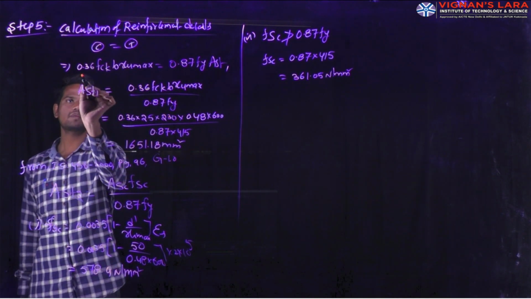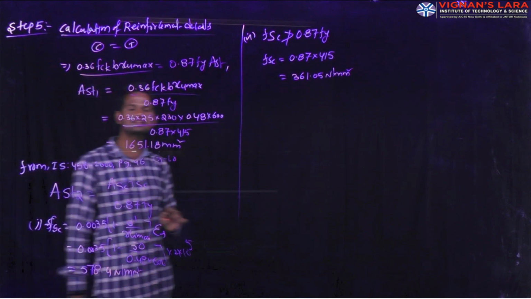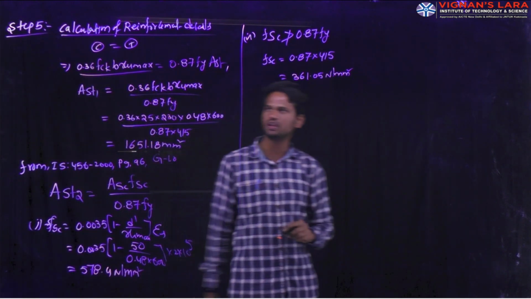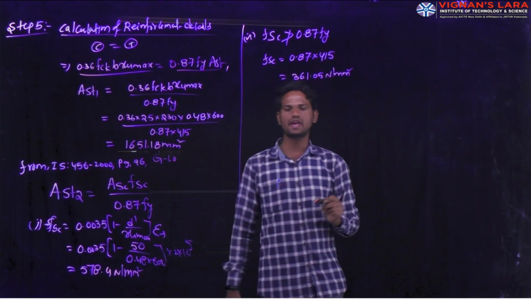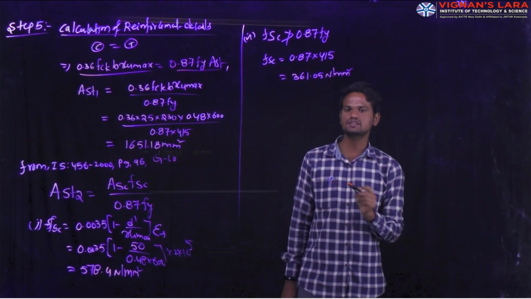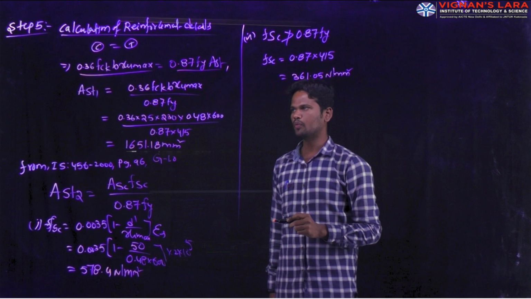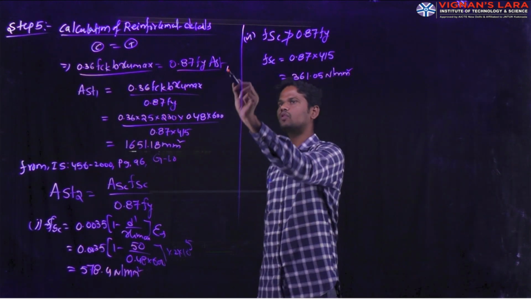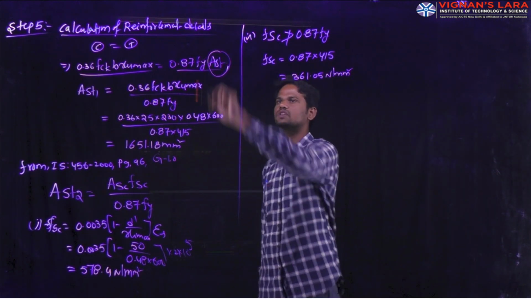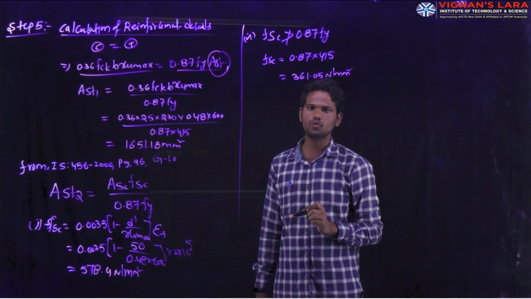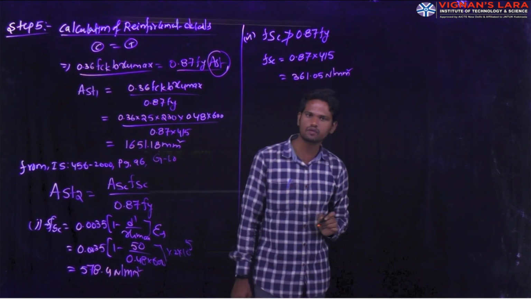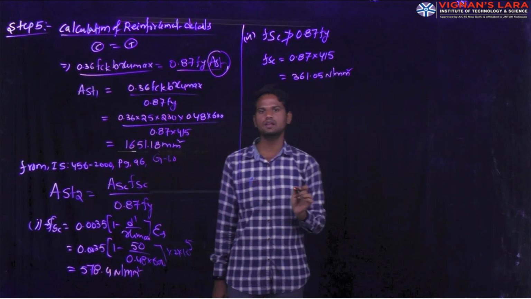The total compressive force is 0.36 fck b xu max, and the tensile force is 0.87 fy Ast1. This is the tensile force for the limiting moment. From this formula, we have to calculate the area of steel Ast1. This formula we can also take from the IS 456 code book, page number 96.